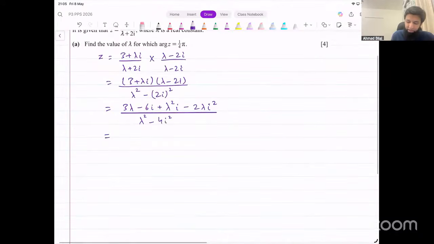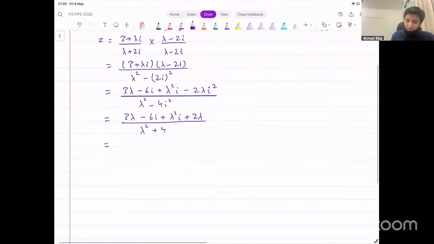Let's simplify this. In the numerator, we have 3 lambda minus 6 iota plus lambda squared iota minus 2 lambda iota squared. That is going to become plus 2 lambda. In the denominator, we have lambda squared plus 4. Now, write the real part separate, imaginary part separate. 3 lambda plus 2 lambda, that will become 5 lambda, so we can say 5 lambda over lambda squared plus 4.